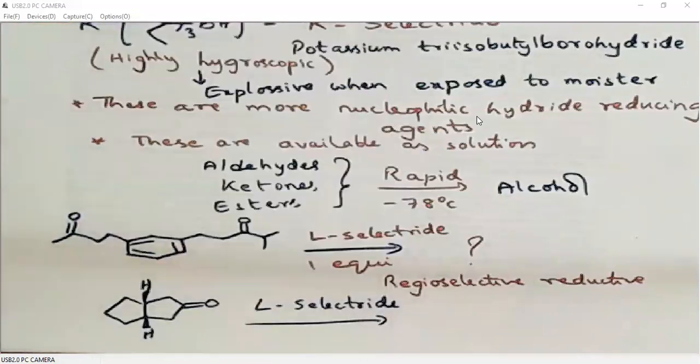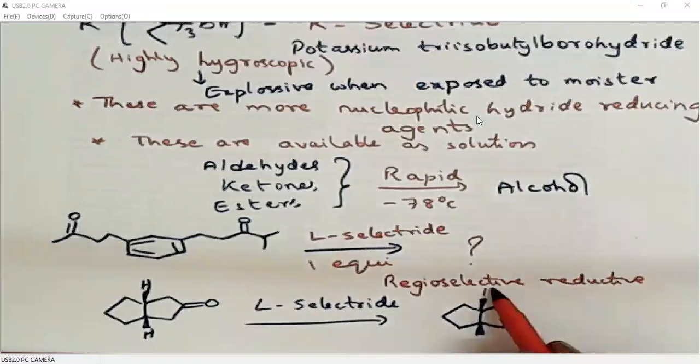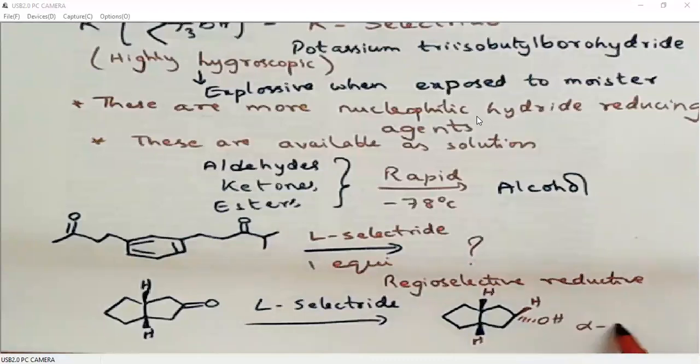So even though the hydrogens are above the plane, L-selectride will approach the molecule from above the plane. So hydride transfer takes place from above the plane, and the alcohol will be below the plane. So it is called an alpha alcohol.